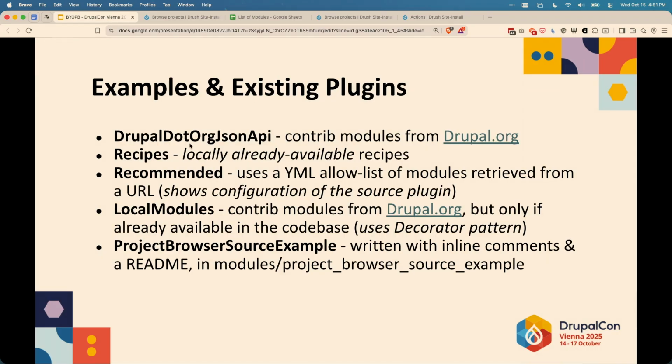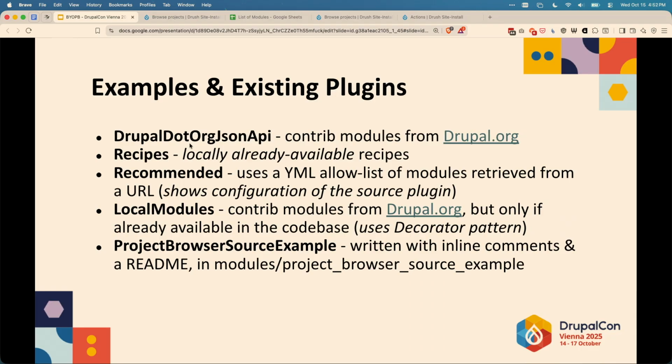Recipes is for locally already available recipes. Recommended uses the YAML file that's like the allow list of modules, retrieved from a URL. That's one of ours that relies on loading configuration and reading out of configuration.